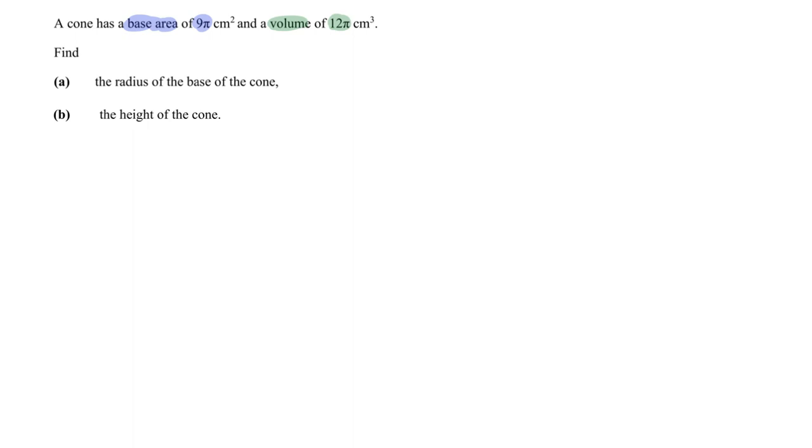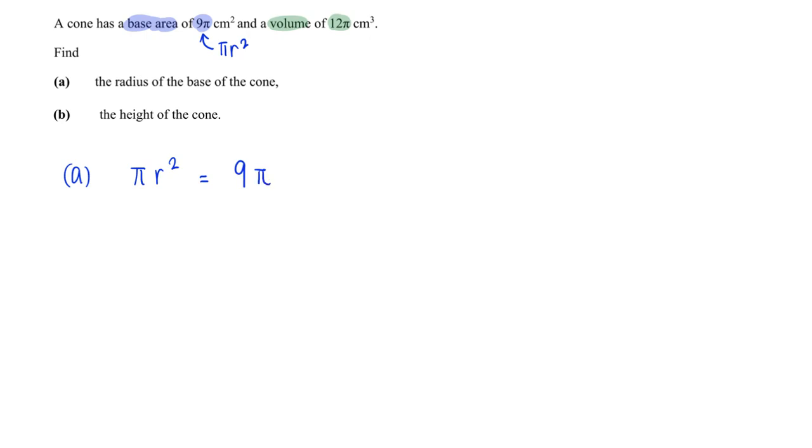So do take note, the base of a cone is actually a circle, so its area is pi r square. And therefore for part A, pi r square is equal to 9 pi.